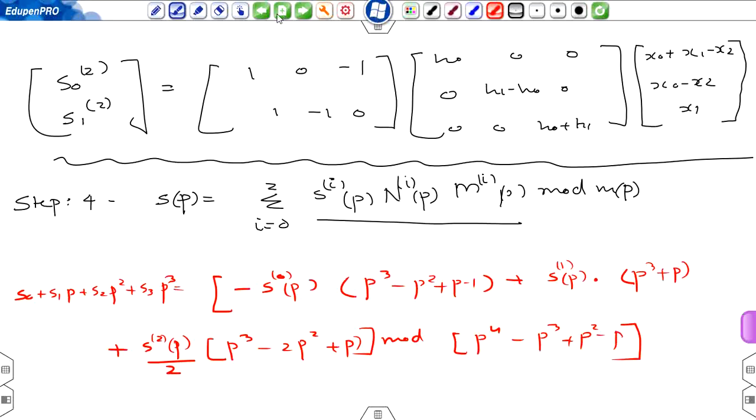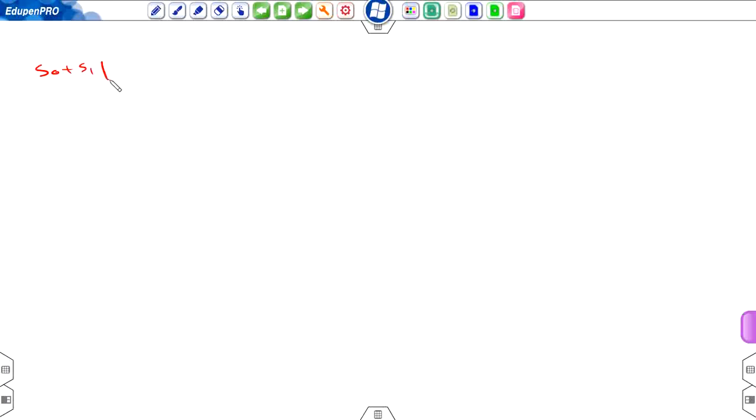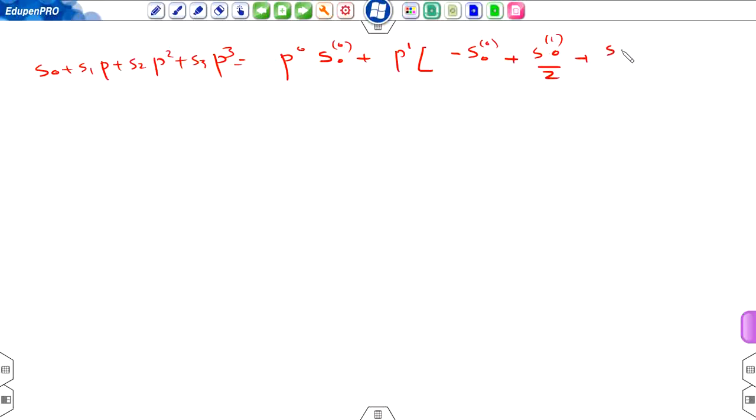Okay, so I have S0 plus S1 p plus S2 p square plus S3 p cube, that is equal to p raised to power 0 S of 0 0 plus p raised to power 1 bracket I have minus S of 0 0 plus S of 0 1 divided by 2 plus S of 0 2 divided by 2 plus S of 1 2 divided by 2.